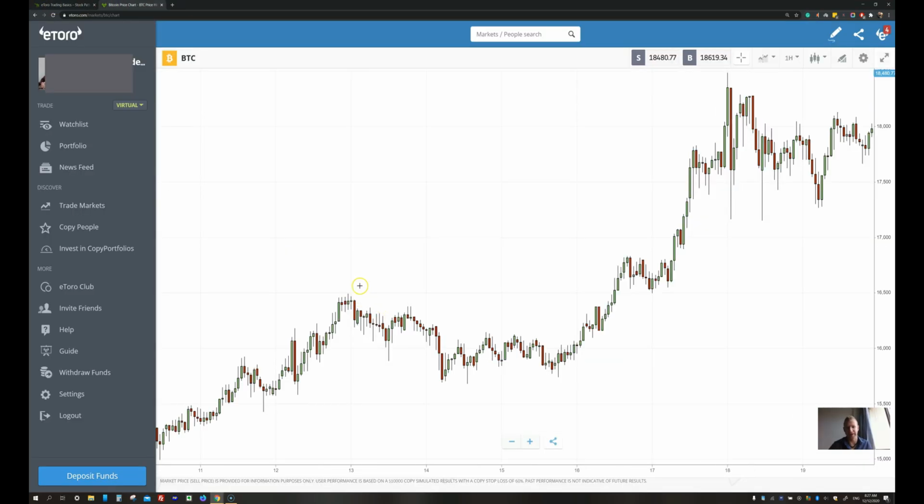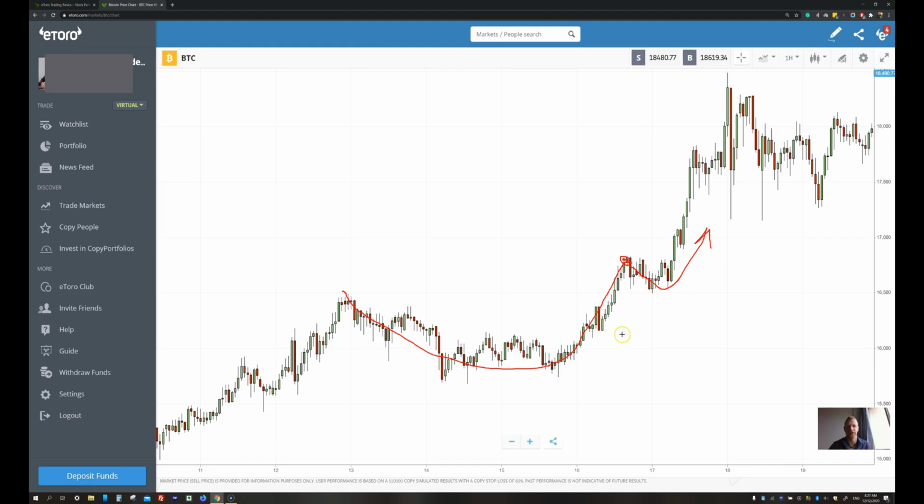Then the next one in the list is cup and handle. All right, so for the cup and handle, I had to find another time frame a little bit. Anyway, the cup and handle is very simple. It looks like a cup, and then it will go down a little bit for making the handle, and usually it will shoot up there to the upside. And this is a very common pattern in the stock market.